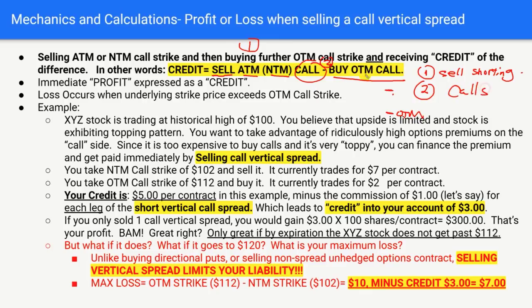Okay, that's the mechanics. So let's say this is a $100 strike price, and then you buy, let's say, 120 strike. So you sell here and you buy here. Okay, so that's a spread. The distance between this $100 and $120 is what's known as the spread.